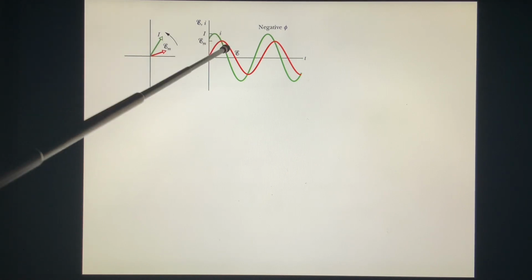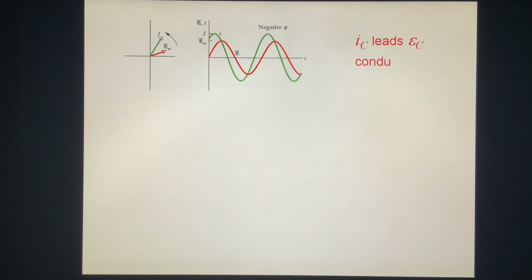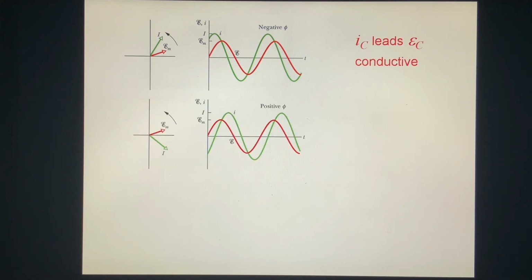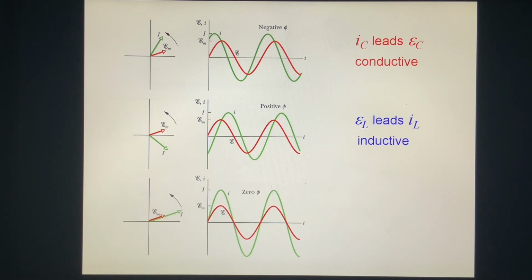So I leading E. Inductive. This one is I lag behind the E. You look at this one, okay, the E gets here first and I second, so I is lagging behind. This is an inductive circuit, okay. If this is only resistors, then they are in phase. The pure resistive.